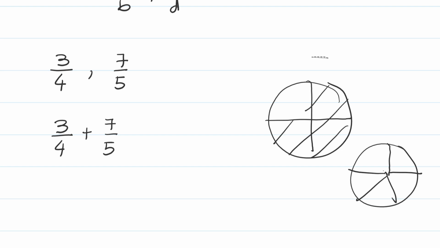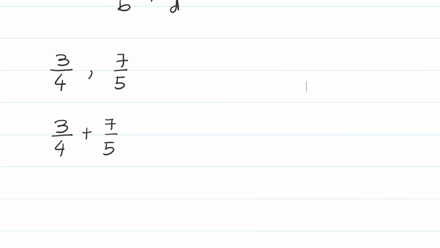So first step is to find out LCM. We will divide the whole thing for both the numbers in an equal number of parts. So LCM of 4 and 5 is 20.